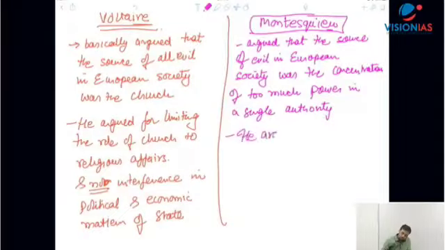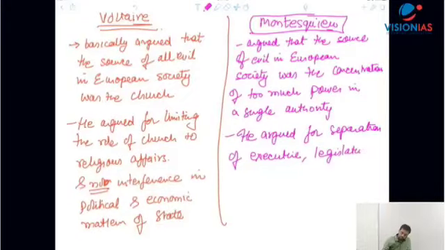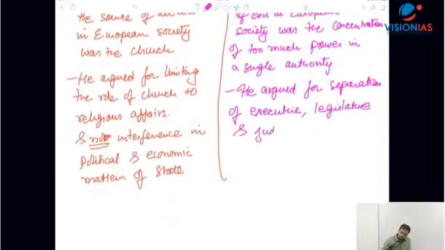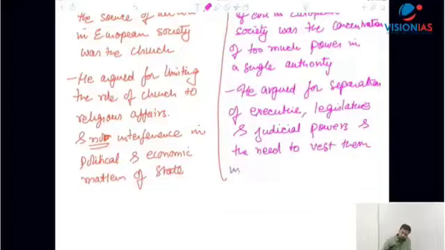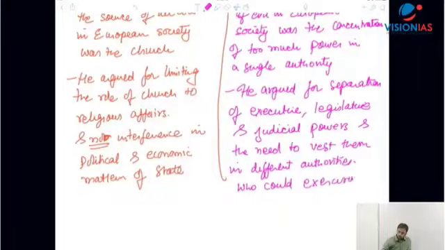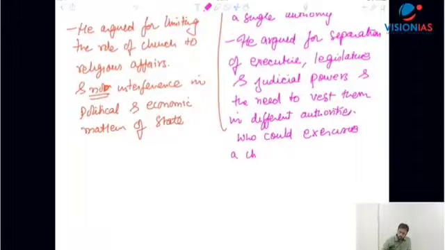He argued for separation of executive, legislative, and judicial powers, and the need to vest them in different authorities who could exercise a check on each other.